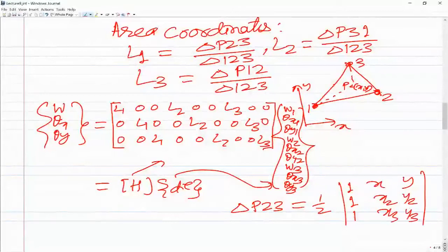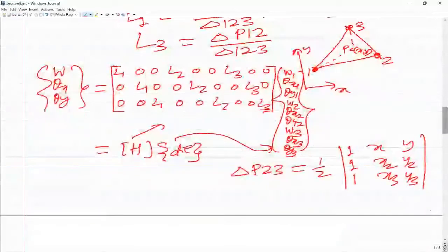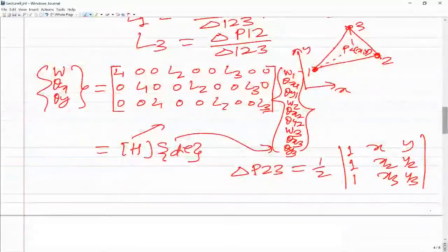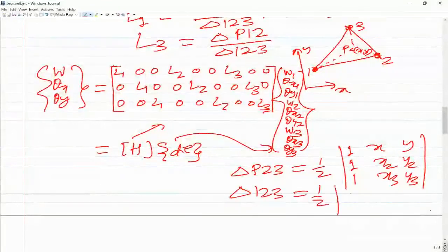When you open this determinant, you will have it in terms of x and y. Similarly, the area of the triangle 1 2 3 would be half the determinant 1 x1 y1, 1 x2 y2, 1 x3 y3. You open this determinant and this is directly the area.